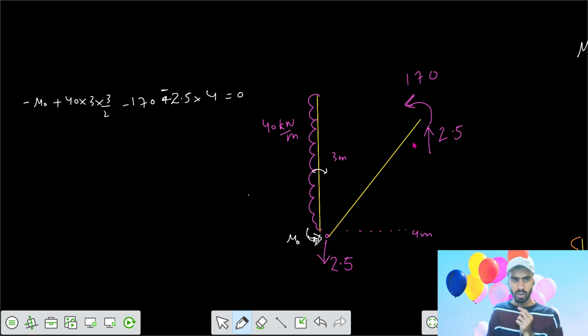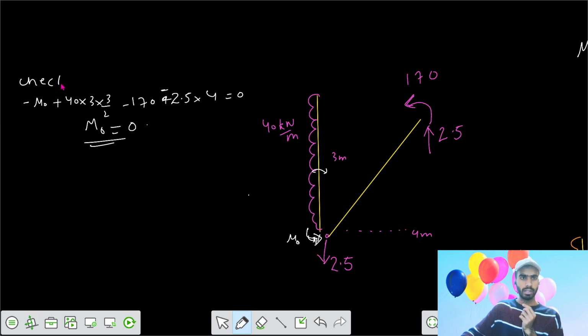So we write 40 into 9 by 2 minus 170 minus 10, and we got the value 0. The moment at the hinge support is 0, we know that. It was just a check we made.